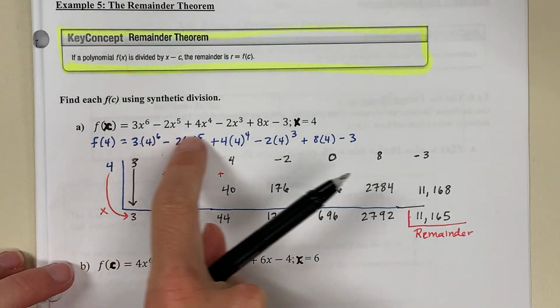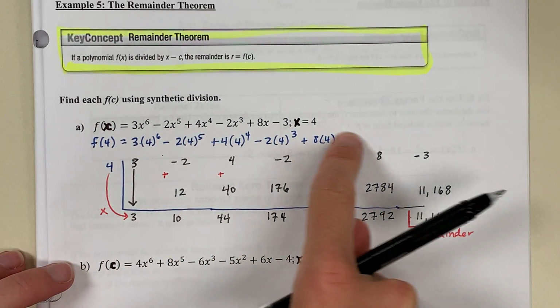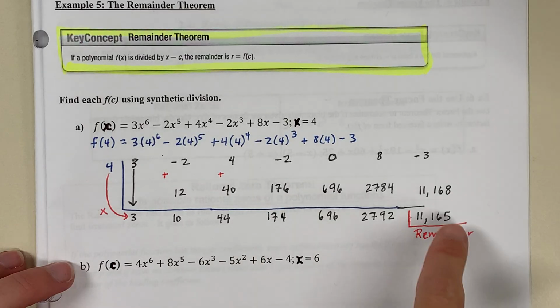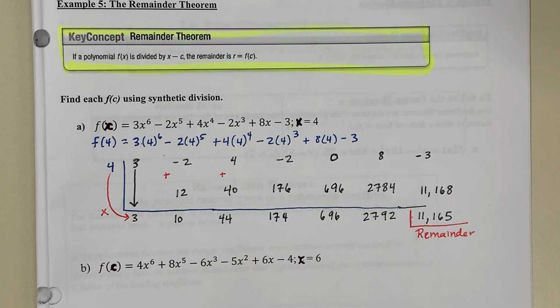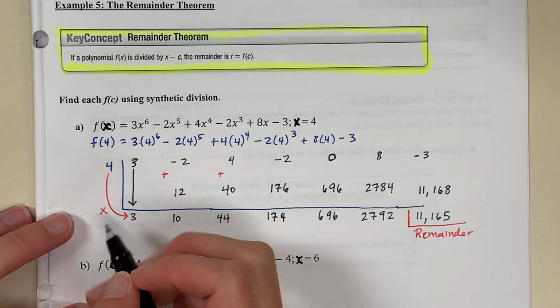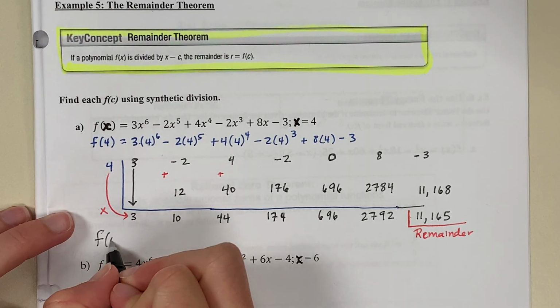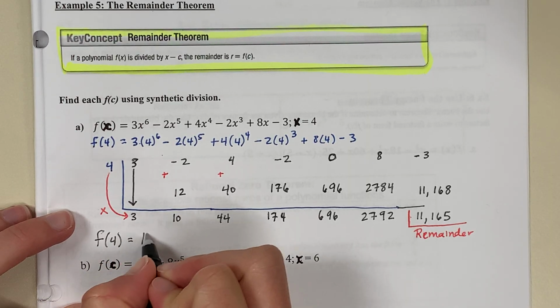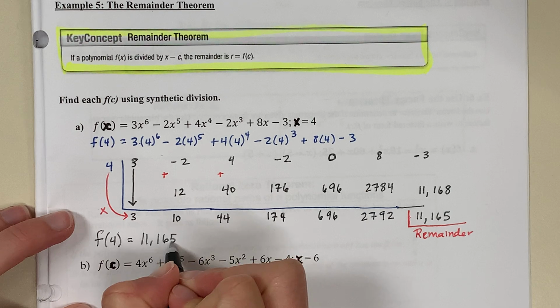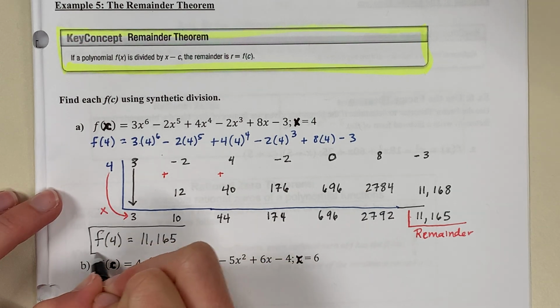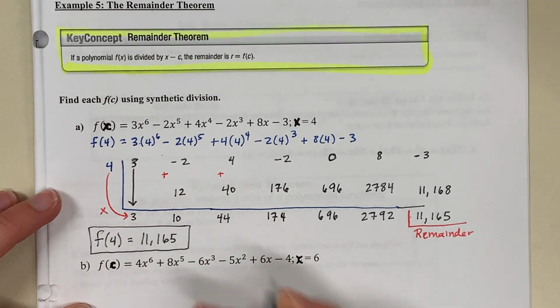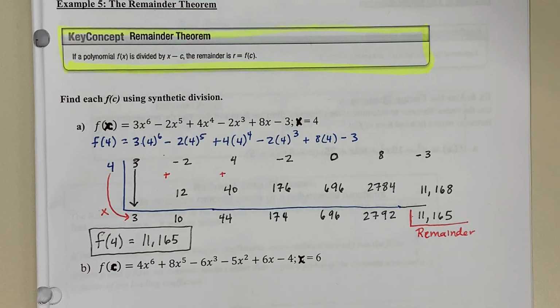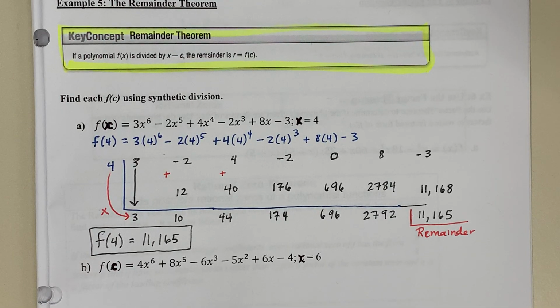So if I would have calculated this out by hand, I would have gotten 11,165. So f of 4 equals 11,165. Using synthetic division is a much easier process than evaluating that function using order of operations.